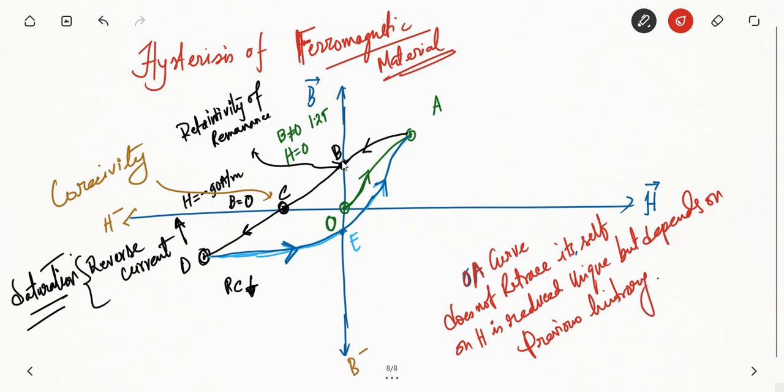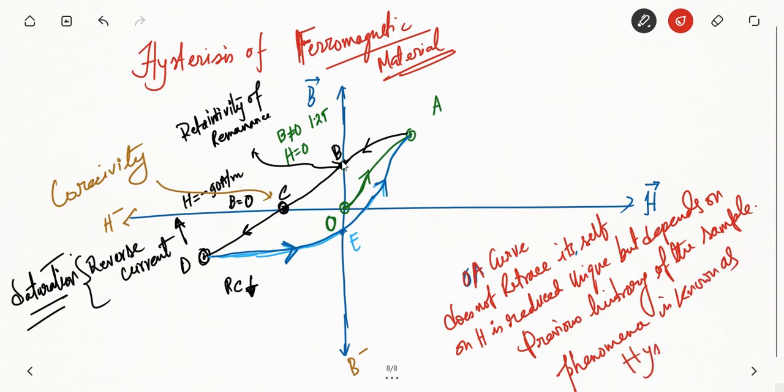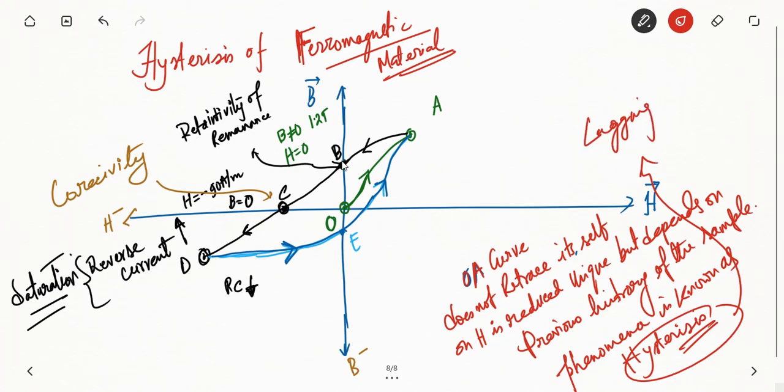This phenomenon is known as hysteresis, which means lagging behind.